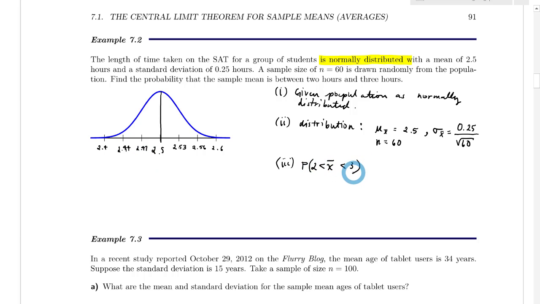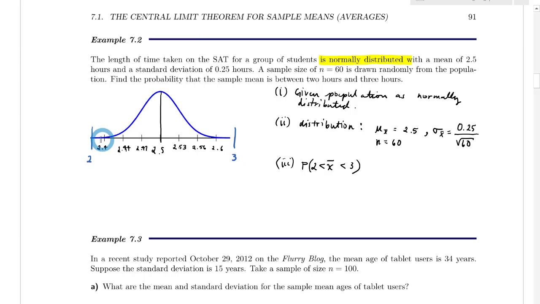We're looking like this. Right? So this is the sample mean. What's the probability that if I took a random sample of 60, that average will be between 2 and 3 hours? Well, let's go ahead and shade that. So now we're looking at in between 2, way over here, and who knows where 3 is, way outside of our area.